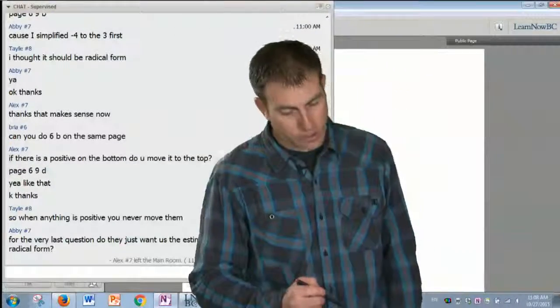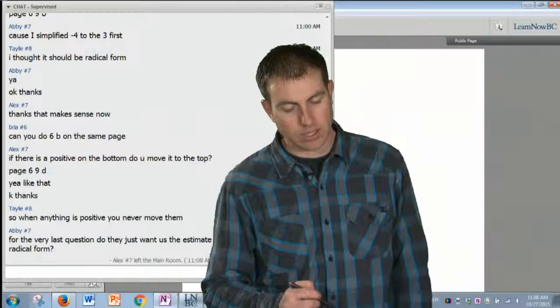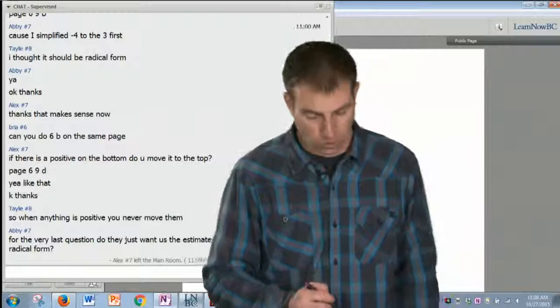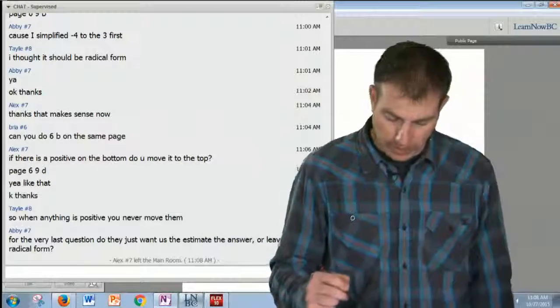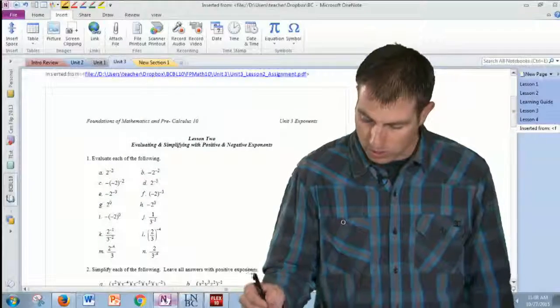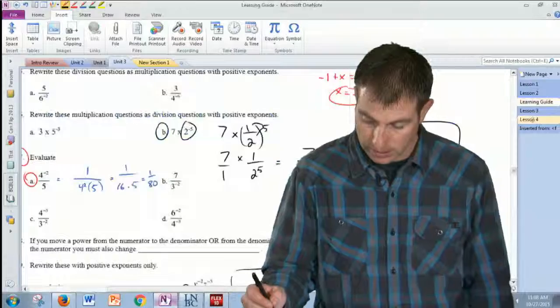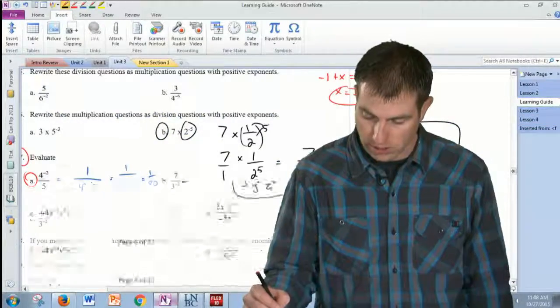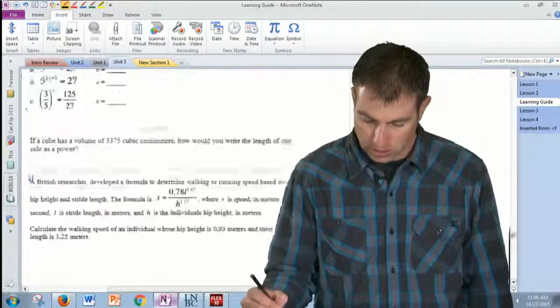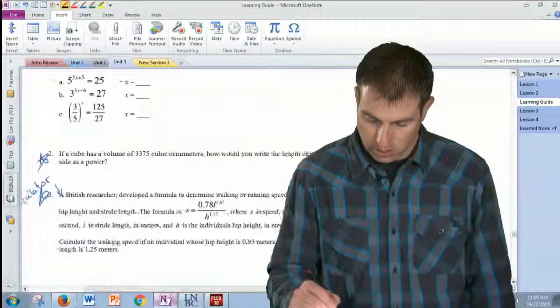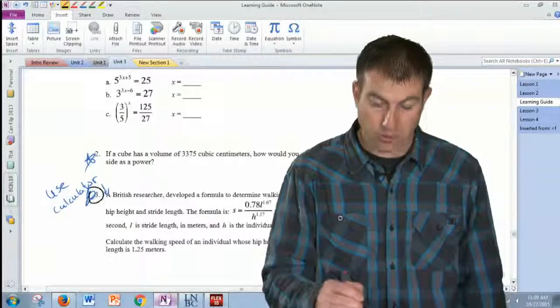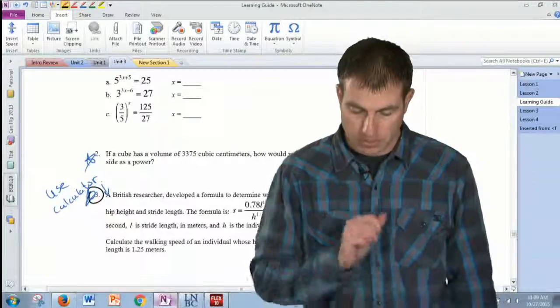For the very last question, do they just want us to estimate the answer or leave it in radical form? Not sure what question you're referring to, Abby. The very last question that I did, or the very last question in the learning guide? Like number 3 here, I'm thinking you're talking.